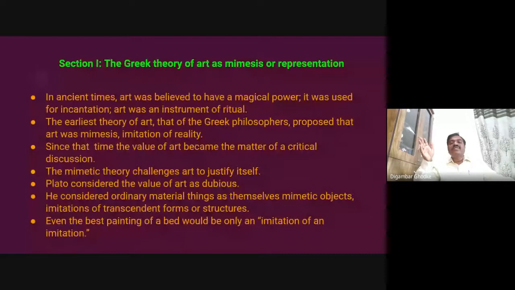That was Plato's view. For example, the best painting of a bed would be only an imitation of an imitation. The bed prepared by the carpenter is an imitation of the original idea, and the bed created by a painter is an imitation of that imitation. That's what Plato believed.